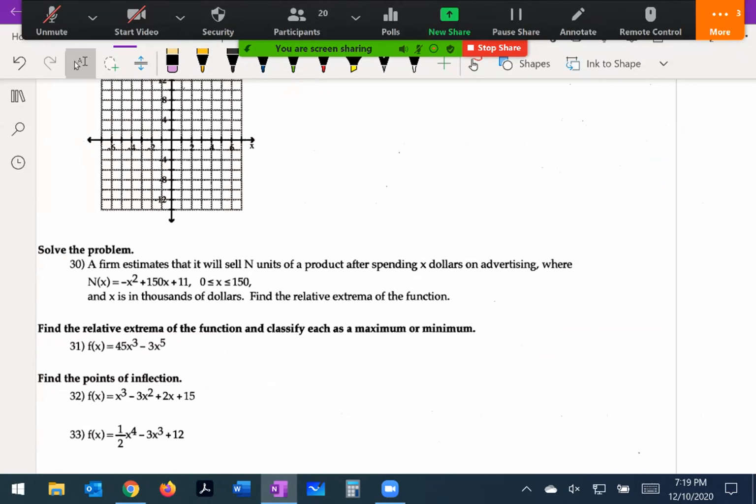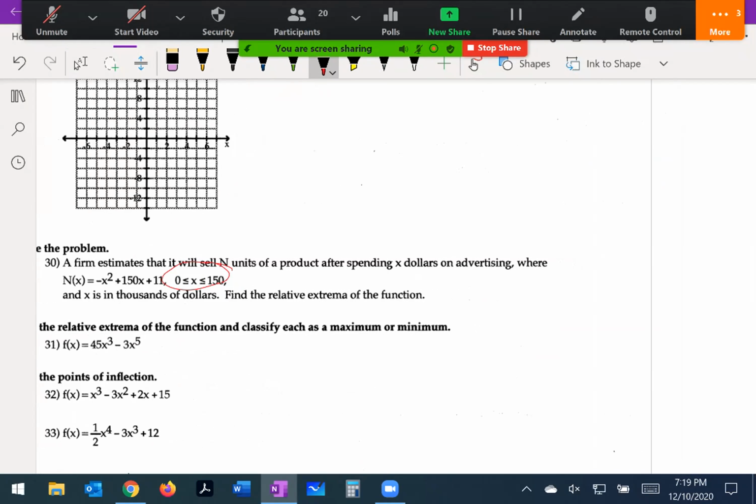Now keep in mind that this has endpoints involved. So we want to know what's the relative. So the endpoints could be, can they be relative or can they only be absolute? I think they can only be absolute, but we'll test them anyway. Okay, so we want to know, does this thing have any critical values?